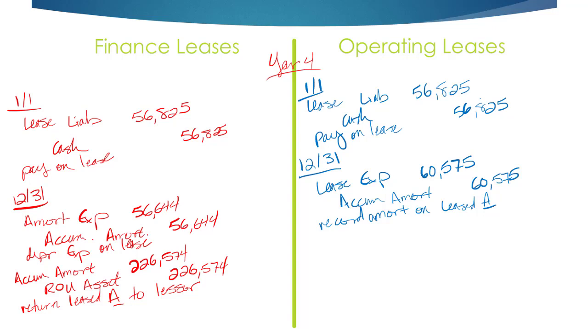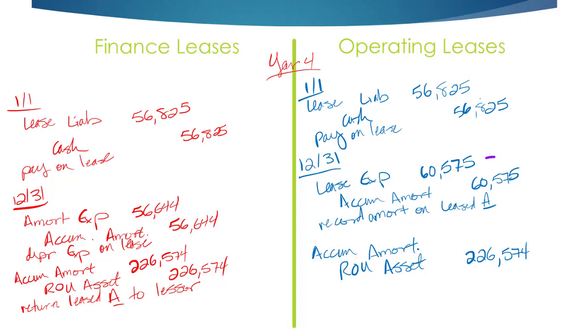We're still going to get rid of our right of use asset. And we recorded it for the same amount with an operating lease as we did for the finance lease. So that number is the same. And we need to get rid of our accumulated amortization. And because of the way we've done that calculation, it should add up.